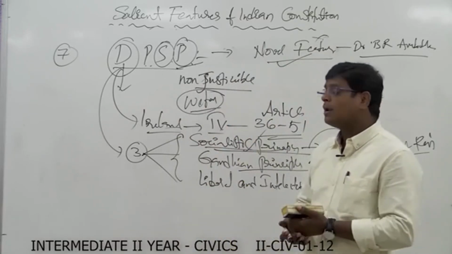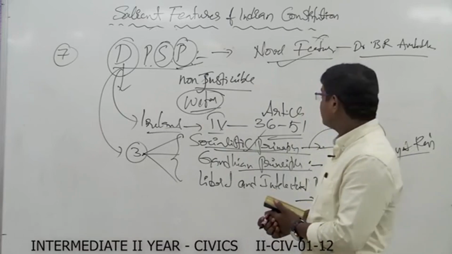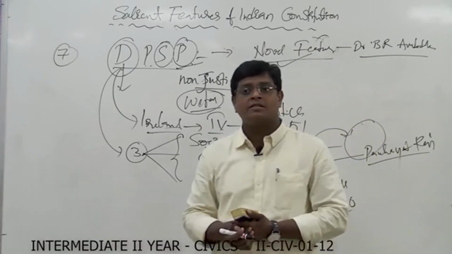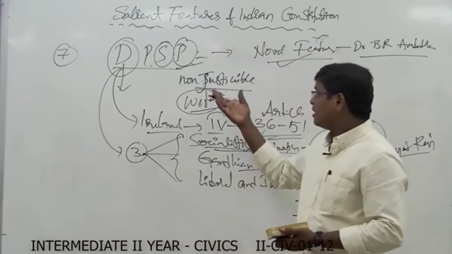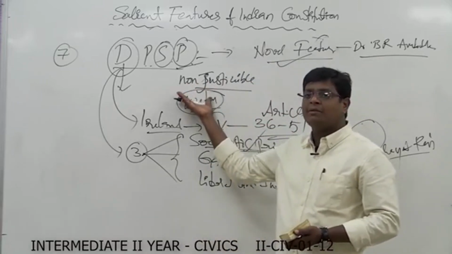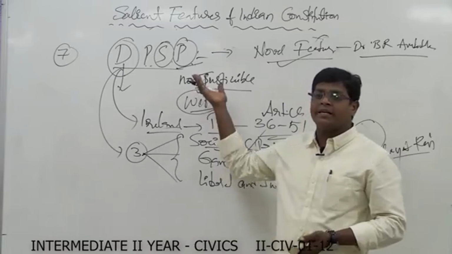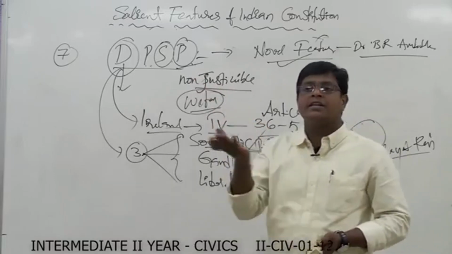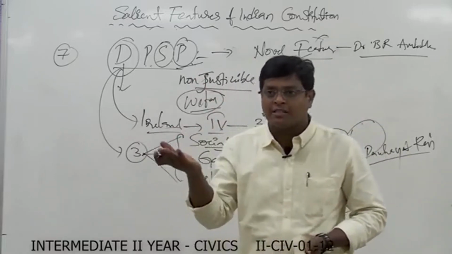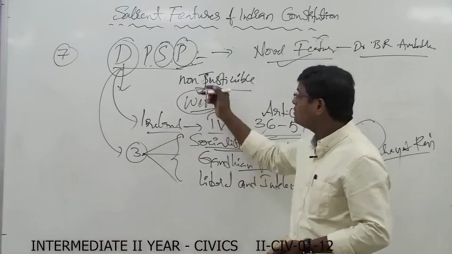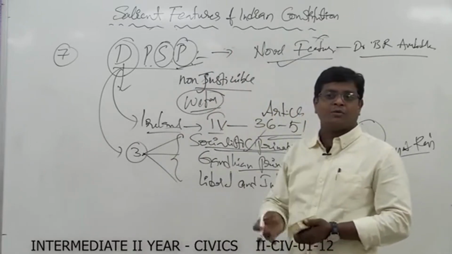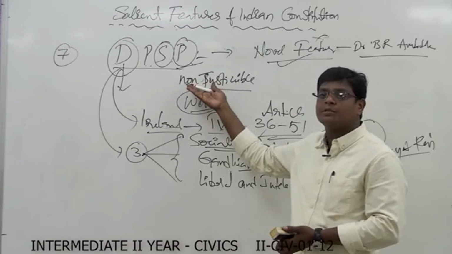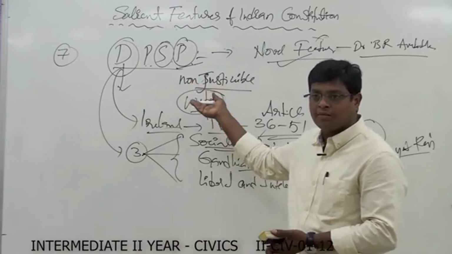And moreover, in the Minerva Mills case 1980, the Supreme Court described both the fundamental rights and directive principles as having equal weightage. There is equal weightage even though fundamental rights are justiciable in nature and directive principles are non-justiciable in nature.